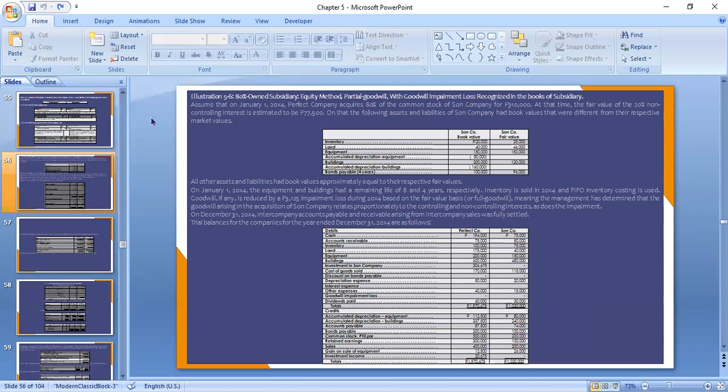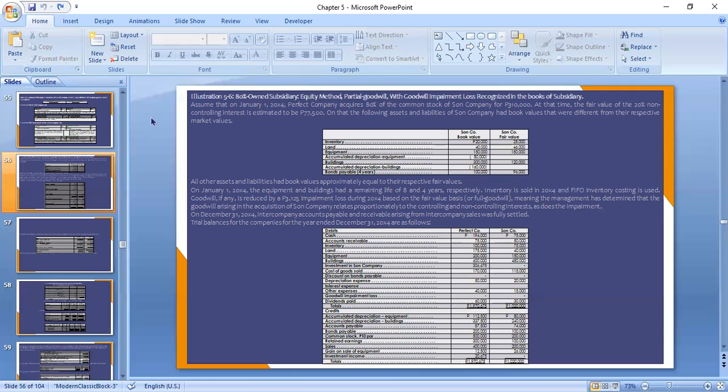On that date, the following assets and liabilities of Sun Company had book values that were different from their respective fair values. So this time, we have the book values and the fair values of the inventories, the land, the equipment, accumulated depreciation of the equipment, the buildings, accumulated depreciation of the buildings, and the notes payable.